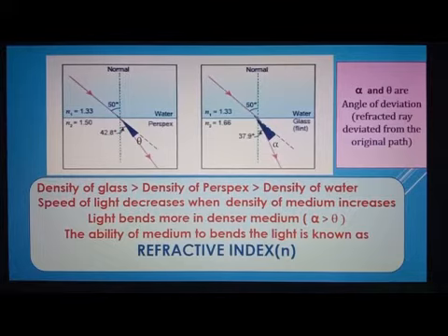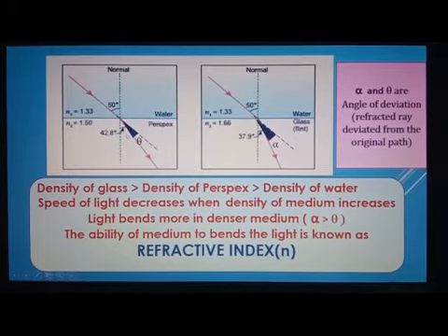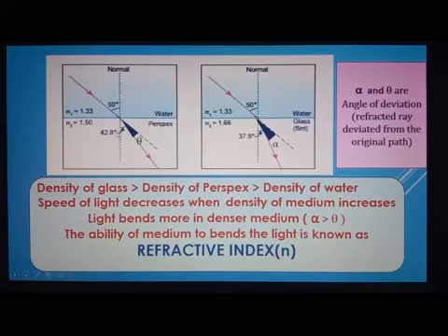Okay, look at the first diagram here. Angle of incidence for both diagrams is the same, 50 degrees. In the first diagram, when traveling from water to perspex, the light ray bends towards normal at angle 42.8 degrees because it travels from less dense to denser. This broken line represents the original path of the light ray if no refraction occurs.